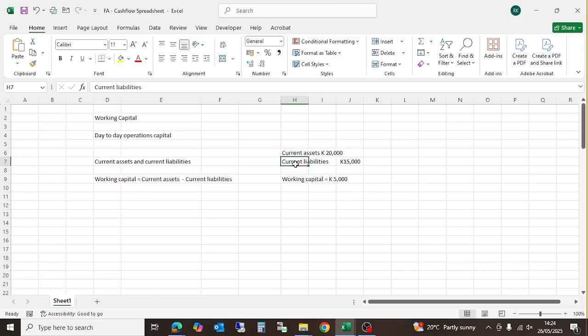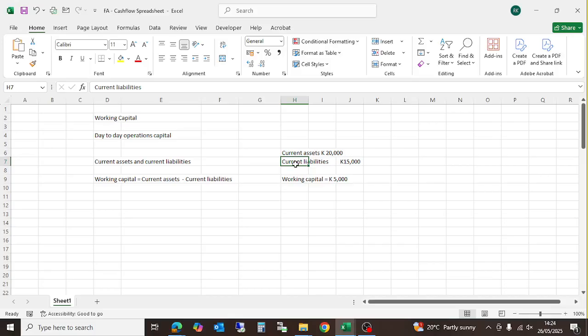I'll give you an example of current assets. By current assets, we mean short-term assets that will probably be used up in a short period of time, such as cash, accounts receivable or trade receivables, inventory that might be sold, or any other short-term investment, for instance prepayments.